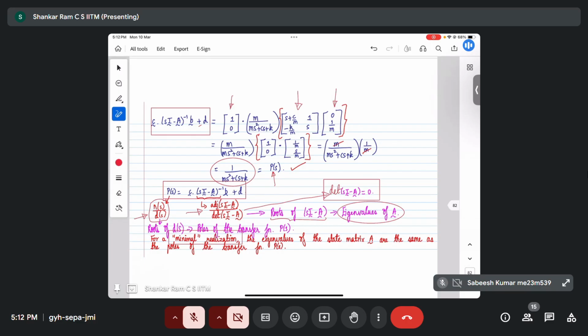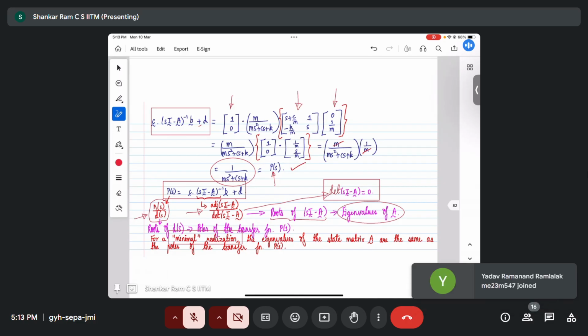What role did poles play? To define the stability of the control system. We wanted to figure out if a system is stable or not. For that, you and I looked at the location of the poles of the system, right? So that's the importance of poles.